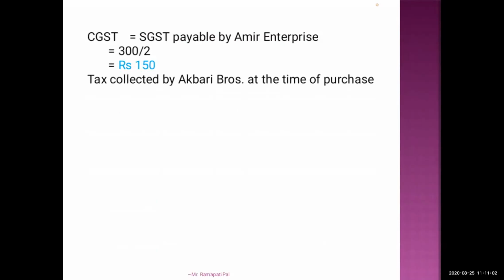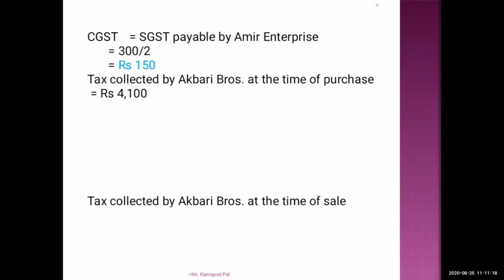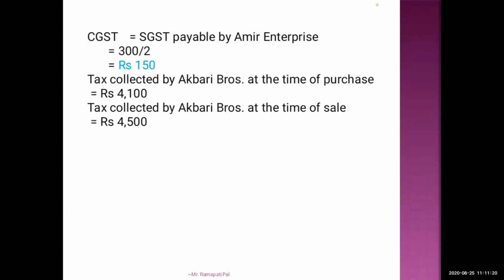Now, tax collected by Akbari Brothers at the time of sale is 4,500. It is given. So GST payable by Akbari Brothers. First we have seen the Amir Enterprises. Now we are seeing the Akbari Brothers. Correct?